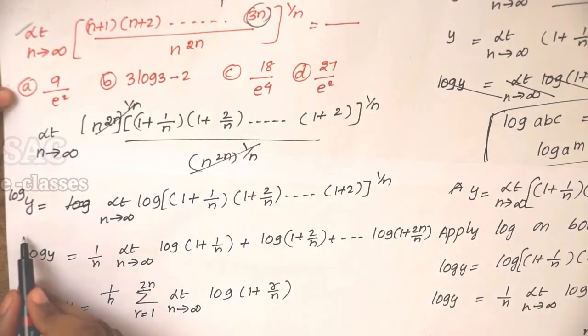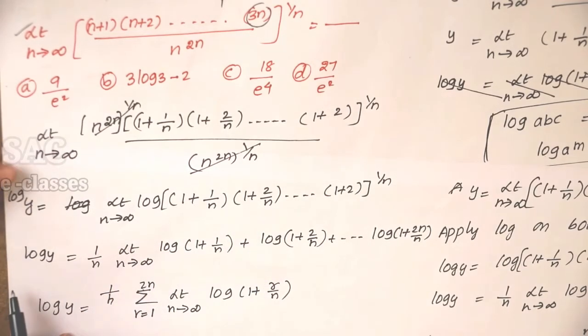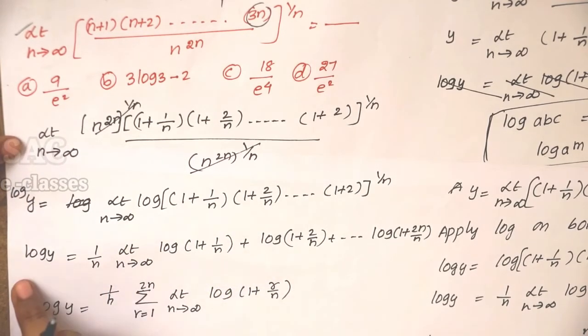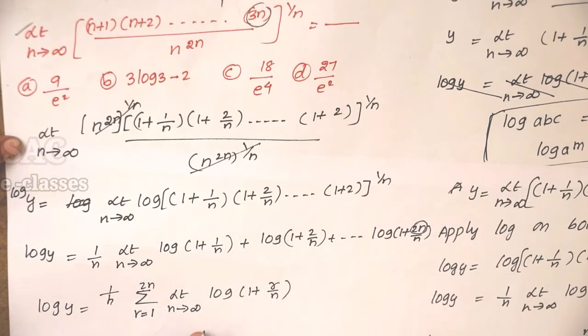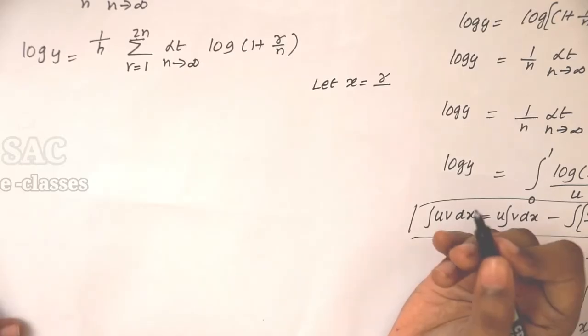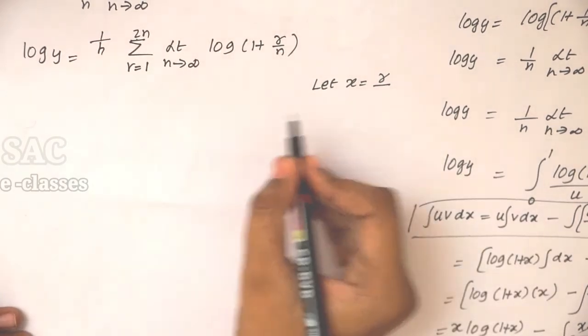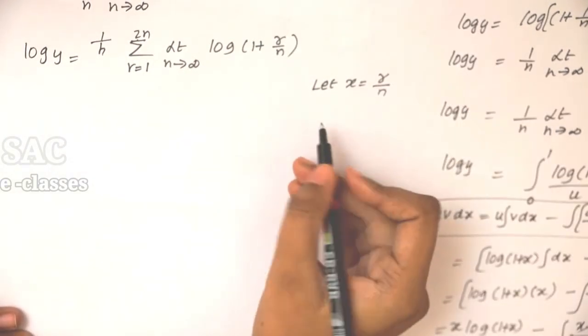We got it like this. I have applied a log on both sides by assuming it is y. Now it is converted into the given format like this. Log y equal to 1 by n into sigma r equal to 1 to 2n, because there are 2n terms, limit n tends to infinity, log of 1 plus r by n. Now our usual process starts by assuming that r by n value is x.